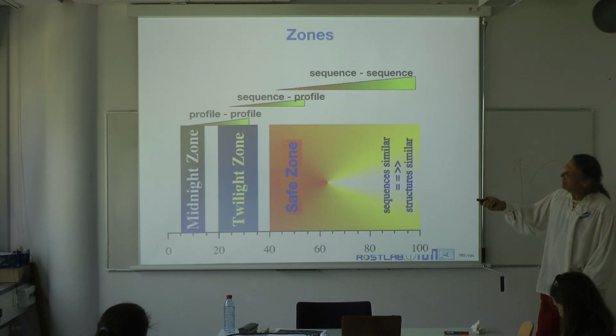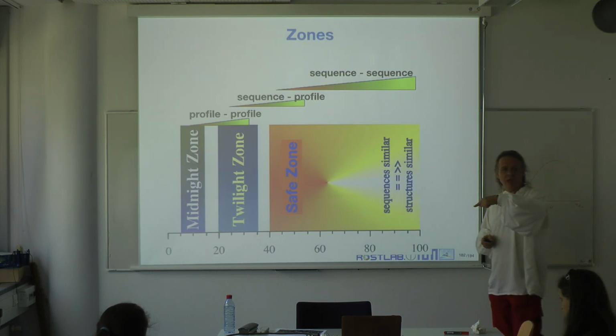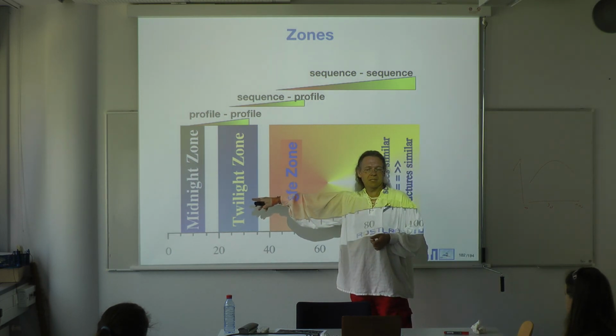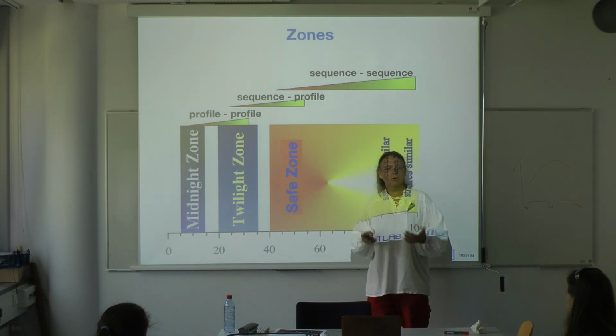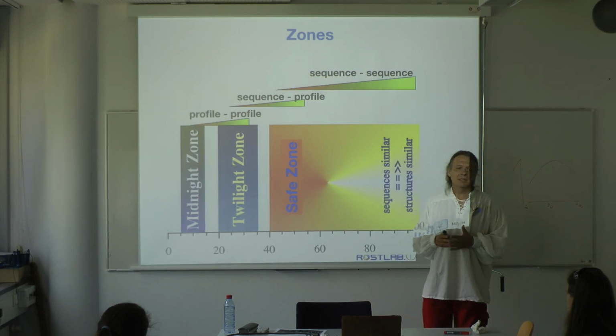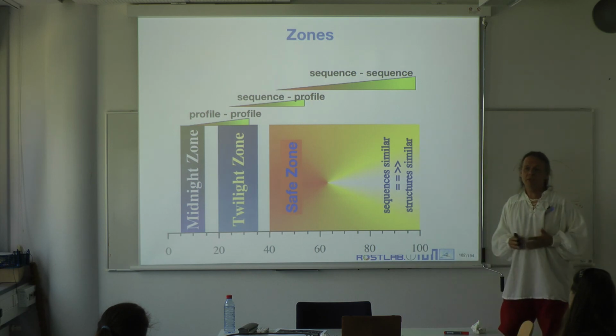Now, it means that really to where we want to get, for most pairs, we will never get there. This is too little, even for profile alignment. So to find the 3% in an alignment that are specific is extremely challenging.